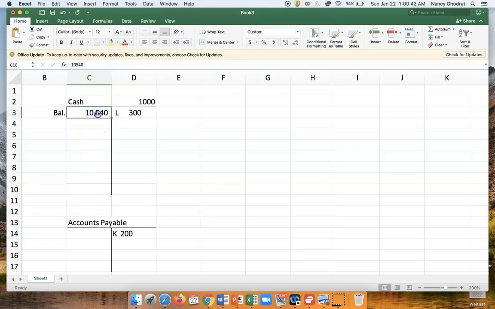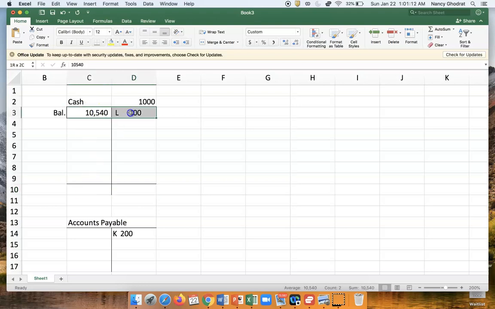Since I have only one number, if there were many debits, you would add all the numbers in the debit column, write the total below the line that you put in here, and then add all the numbers in the credit column, put it on the credit side, and decide which side is larger and by how much.